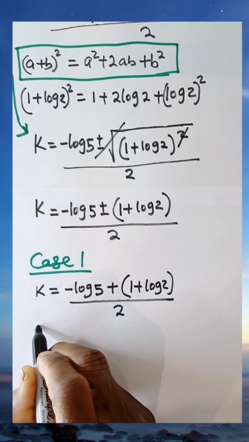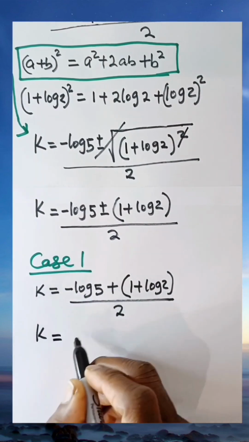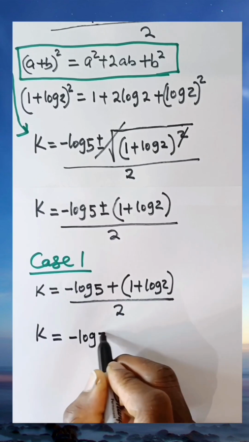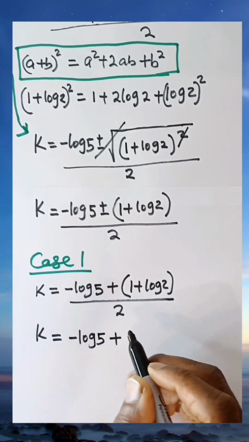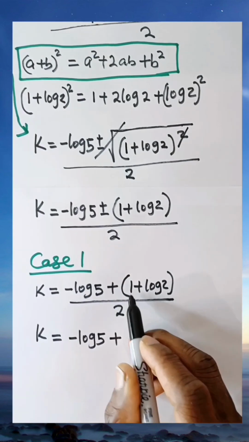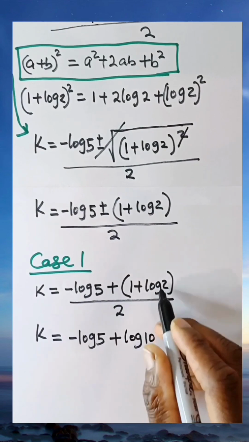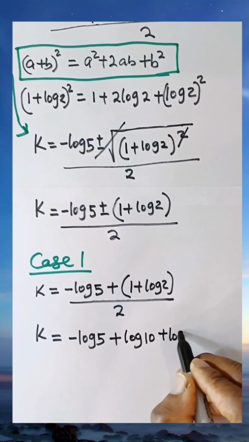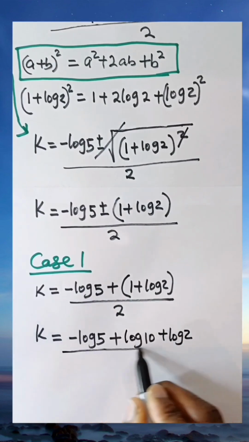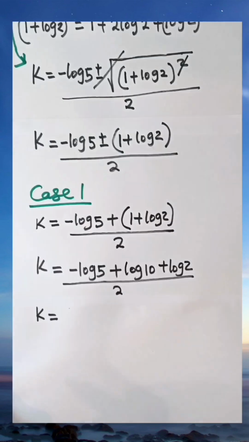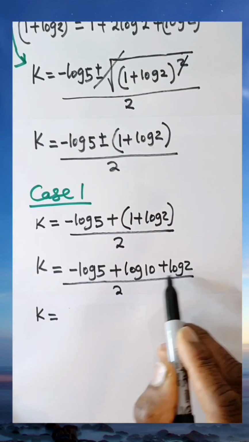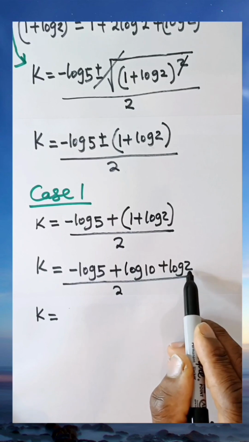So we will have K is equal to minus log 5 plus, we open the parenthesis, log 10 is equal to 1. So we will have log 10, then plus log 2, divided by 2. Here we have log 10 plus log 2. We are going to apply the addition law of logarithm.